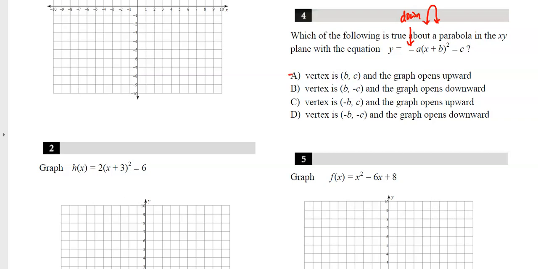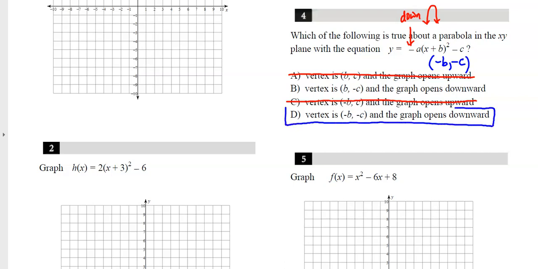So that's going to wipe out A because it says opens upward. Wipe out the other one that opens upward. So now we're just trying to figure out the vertex. Well, remember the vertex is the opposite of what's inside the parentheses, and then the same as what's at the back side of the parentheses. So that tells me that the correct answer must be D, because this B is wrong right here.